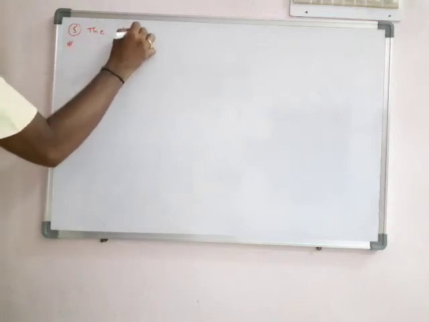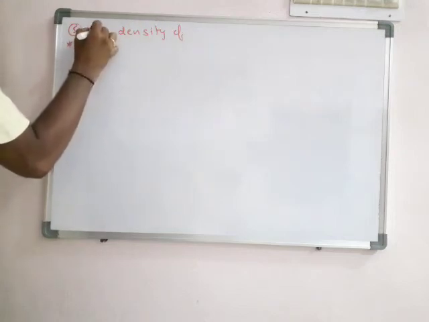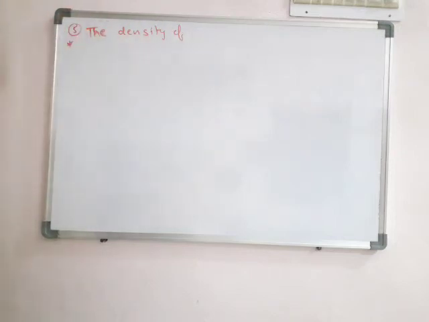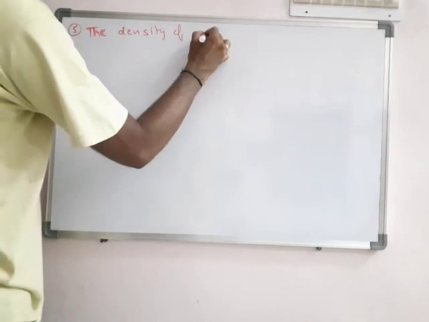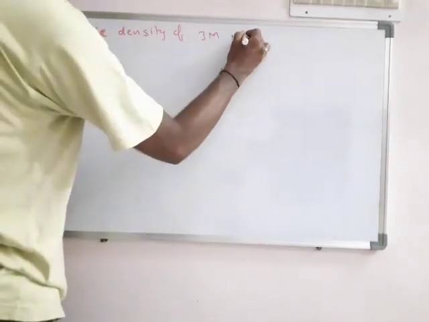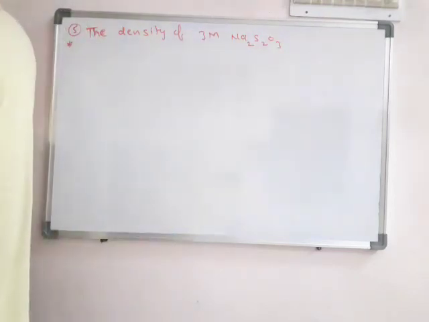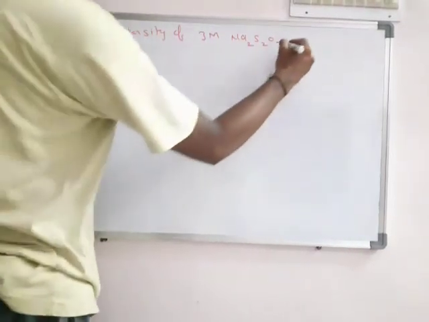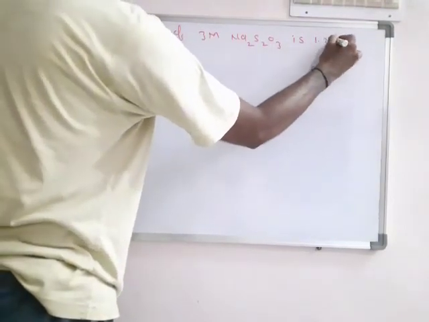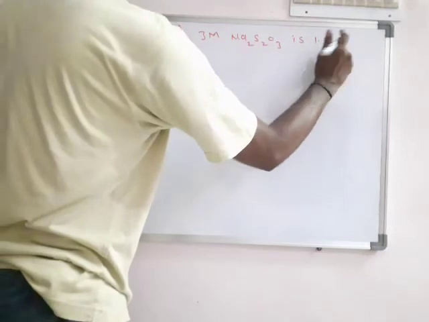So the density of 3 molar sodium thiosulfate, we must remember the formulas also, sodium thiosulfate is given 1.25 grams per cc.